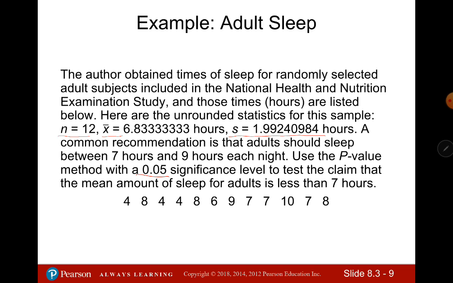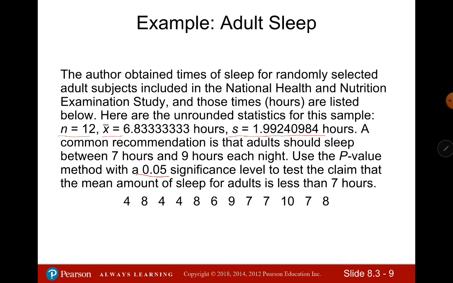Sigma is unknown, so we should pick the t-distribution. Remember that? Of course, we need to check the requirements. We know the S value, we know the x bar, and we also have the sample size n. We set the significance level alpha equal to 0.05. Now, another thing we need to find is the claim. Remember, when we do the hypothesis test, we always need to have the claim.